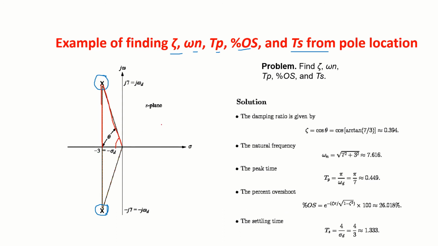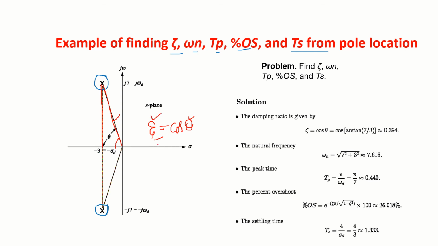This is given, so zeta is equal to cos theta. So theta value, if I know the adjacent side and the opposite side height, that is my 3 and 7. So theta I know, so I can find out zeta. The adjacent side is there, the opposite side is known, means I can find out the hypotenuse, so I can find out cos theta, no problem.